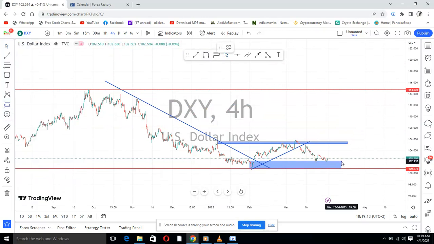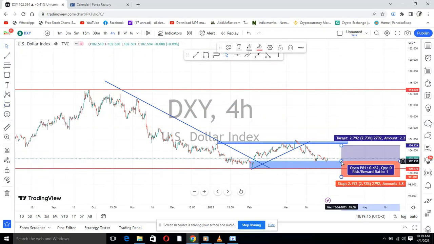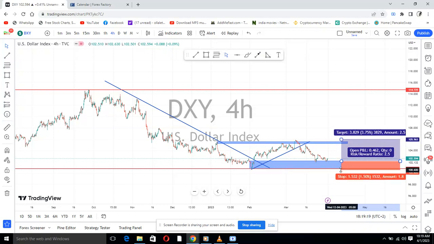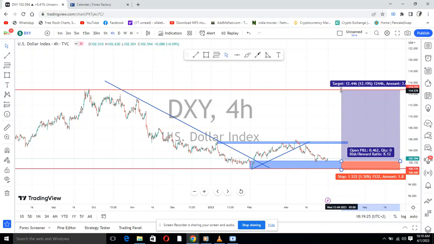At this level we are now, I should keep moving all the way from here. Number one, from here to here, and if it breaks this particular resistance, then definitely it's coming here. You can see it from here that this is a clear valid trend line breakout with confirmation, in which the first leg, second leg.